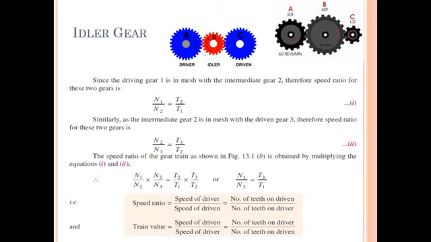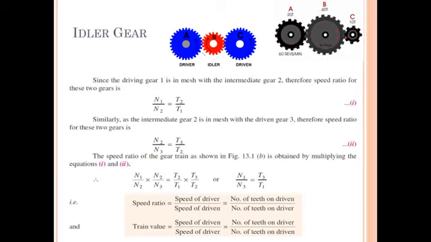That is the speed of first gear divided by speed of last gear is equal to the number of teeth of last gear divided by the number of teeth of first gear.